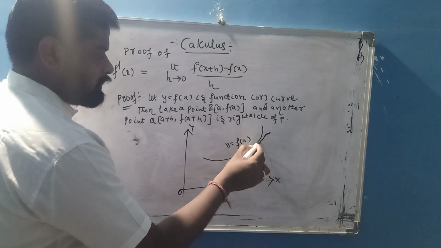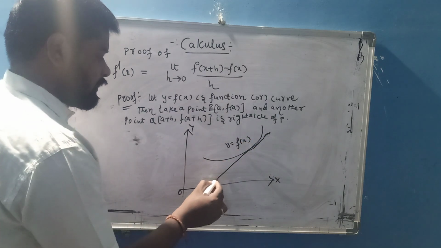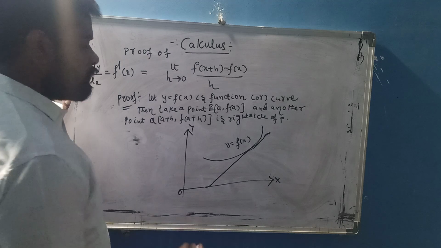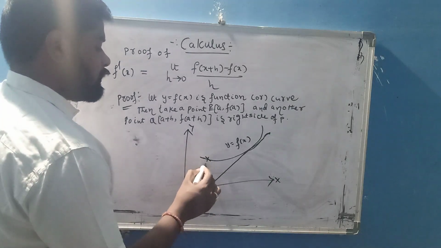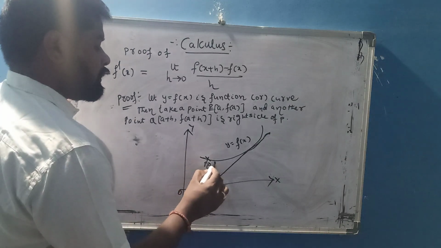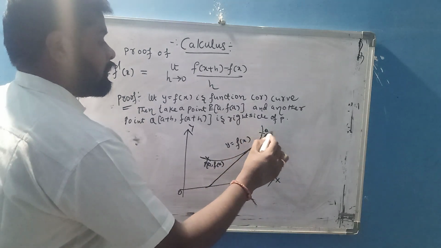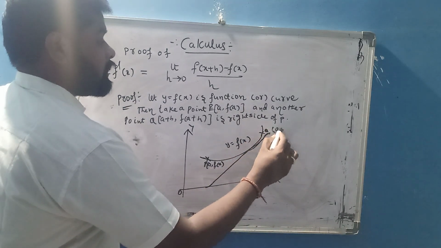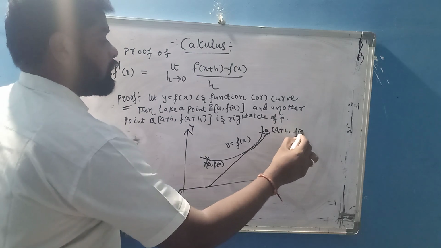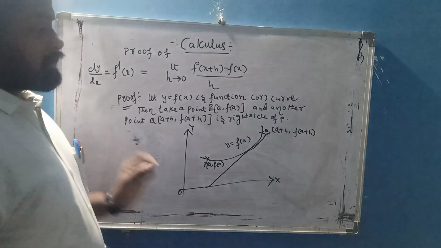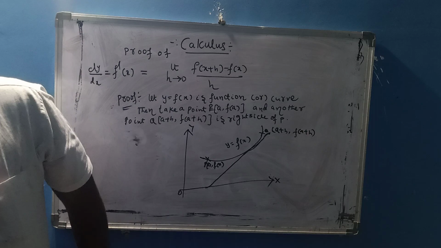That's why this is the one tangent of the curve I am taking. Tangent of the curve. Here point P (a, f of a). Here point Q (a plus h, f of a plus h).